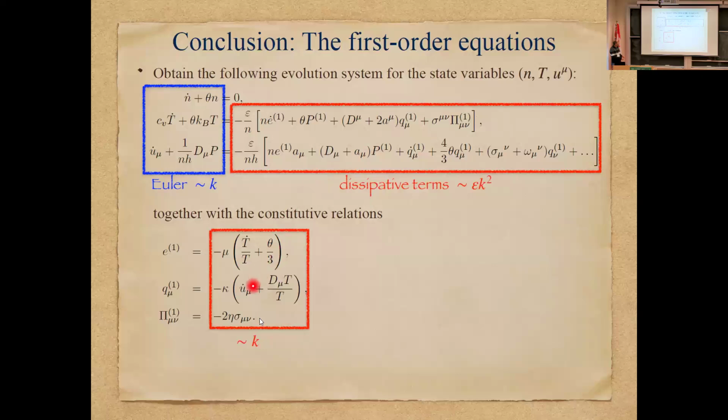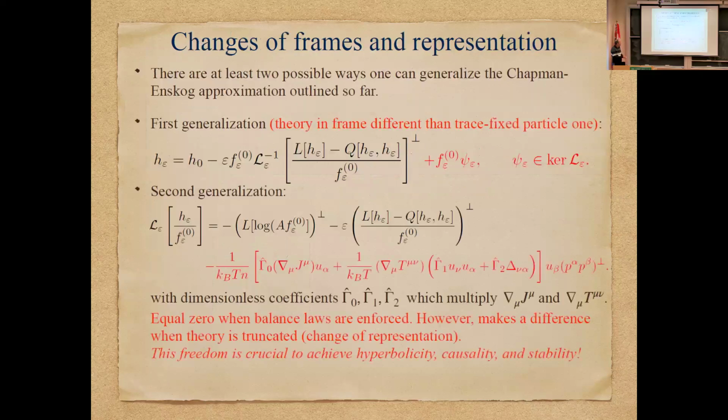And now, what you obtain from solving the first order equation are what are called the constitutive relations. So E1, Q1, and P1 are given by this expression with the transport coefficients I mentioned before, and this is also of order k. Now what happens if you use this variant of the Chapman-Enskog approximation, where you add 0 here?